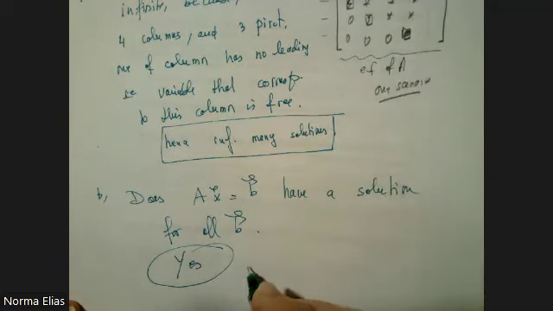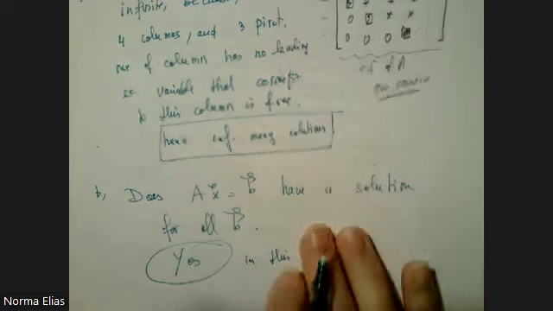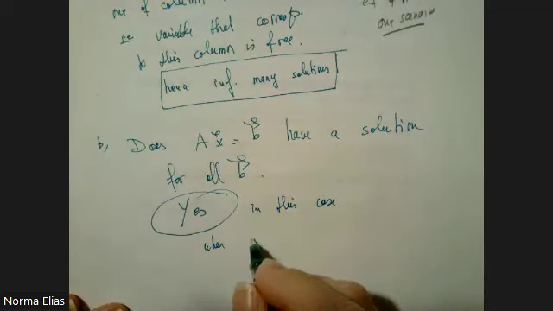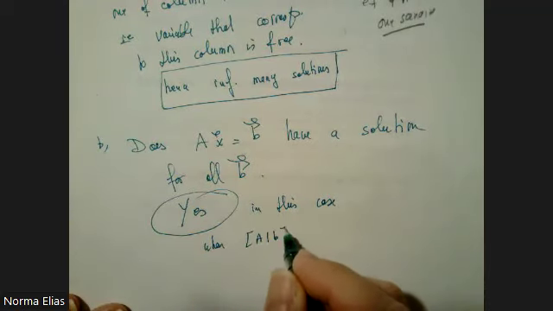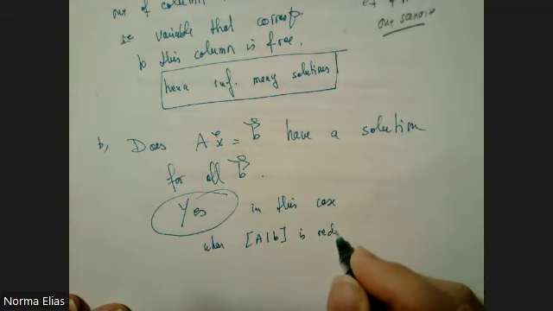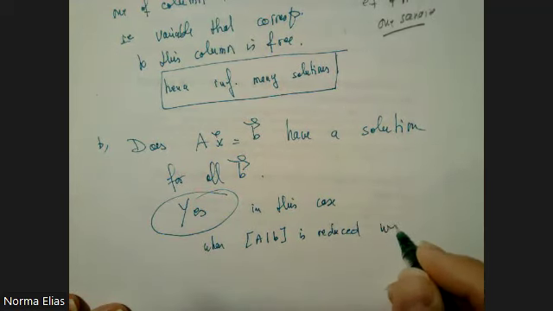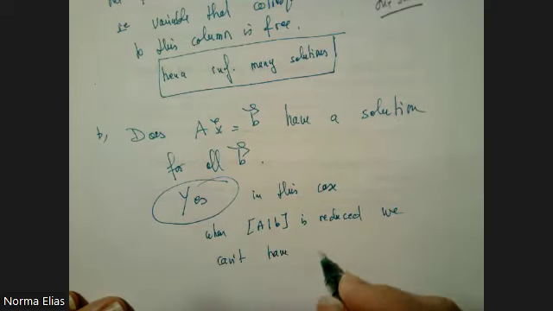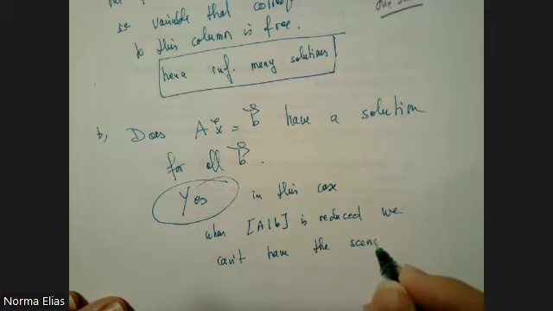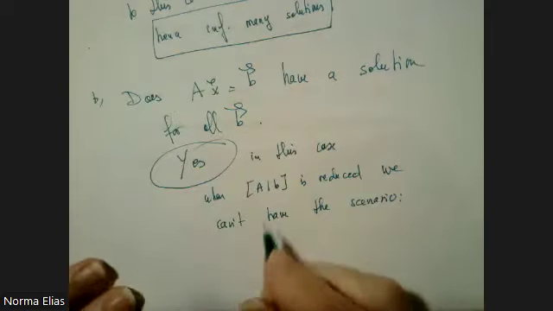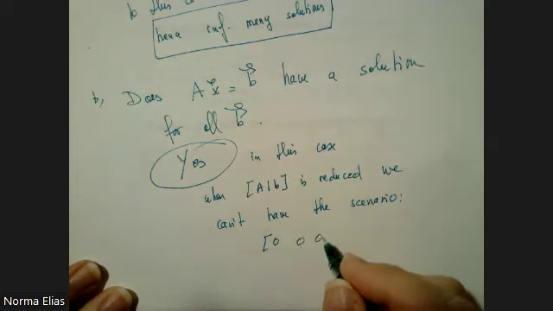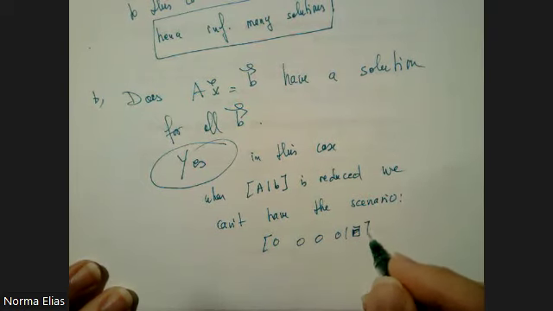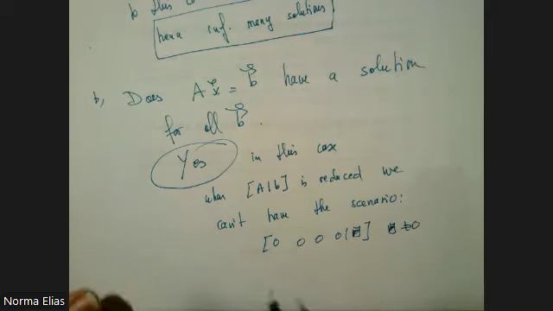It means in this case, when AB is reduced, we cannot have the scenario 0, 0, 0, and this is non-zero, because every row has a pivot in this case.